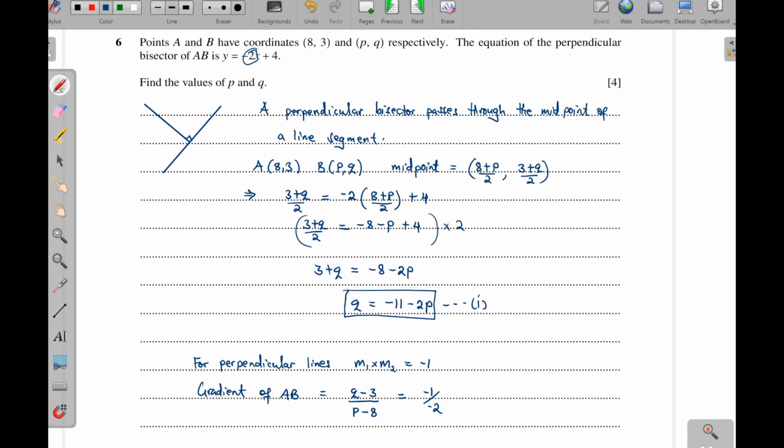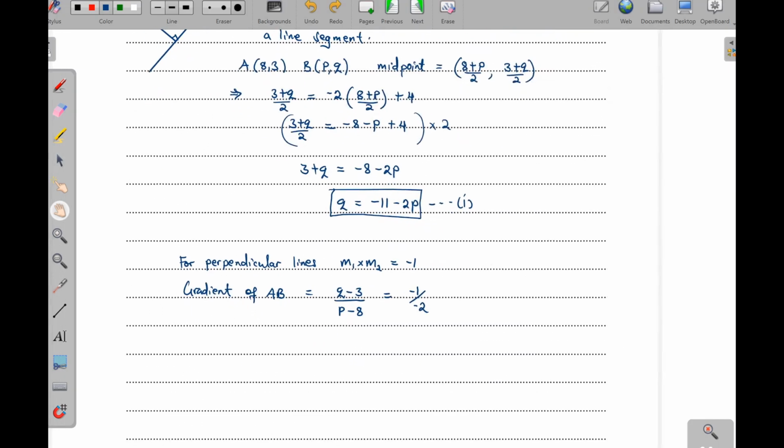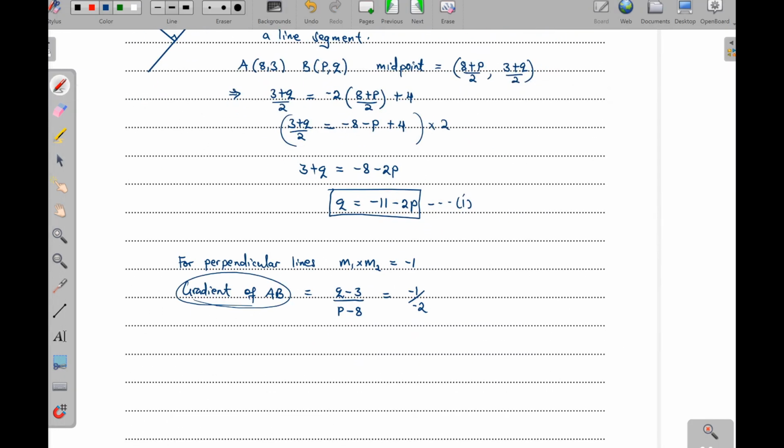Remember, when you multiply the gradient of this line by the gradient of the perpendicular bisector, you get negative 1. So the gradient of AB, which I can call M1, will be negative 1 divided by M2, which is negative 2.